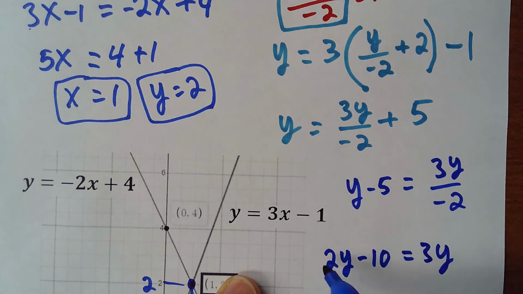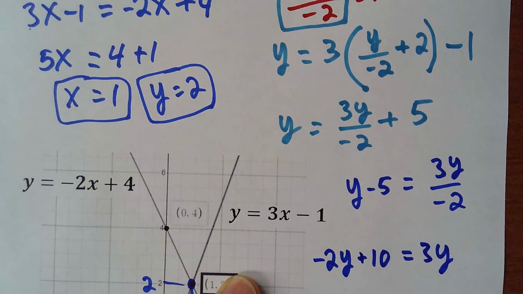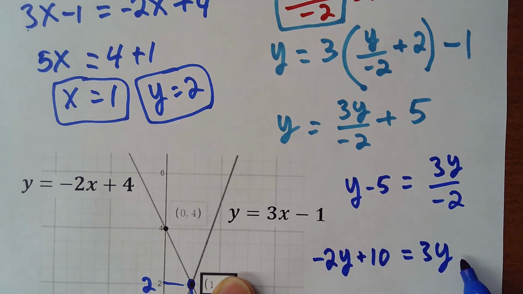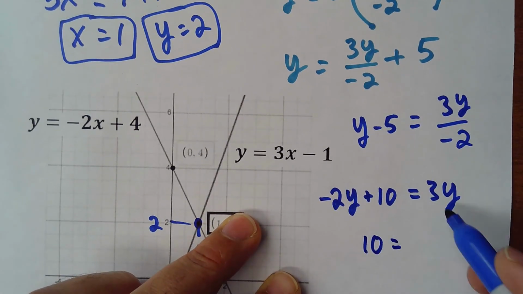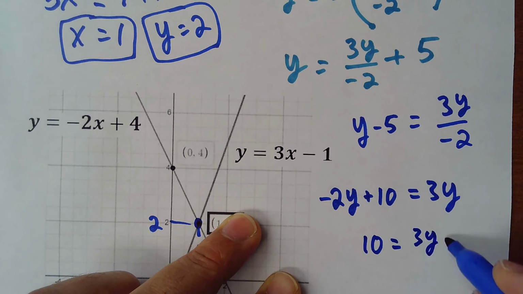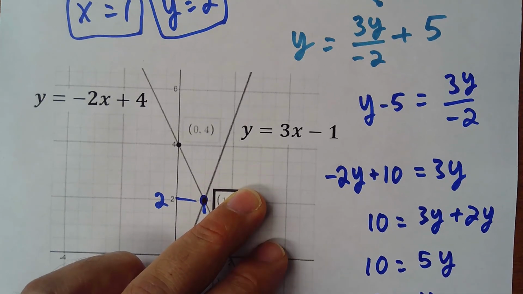Negative 2 times y is negative 2y, and minus times minus is plus, so it will be plus 10. Now this negative 2y, you write it here as positive 2y. So 10 is equal to 3y plus 2y, that will be 5y. So 10 is equal to 5y, y is equal to 2.